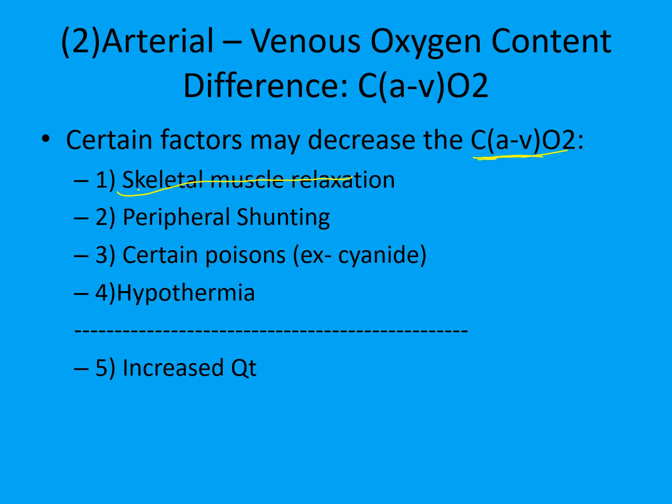So your CaO2 might be 20 volumes percent, then your CvO2 might be 17 or 18 volumes percent. This is something we can use for people that have really low oxygen levels: give them a paralytic agent to help get more oxygen to the organs that actually need it, and keep the oxygen from going to tissues that don't need it for life function.